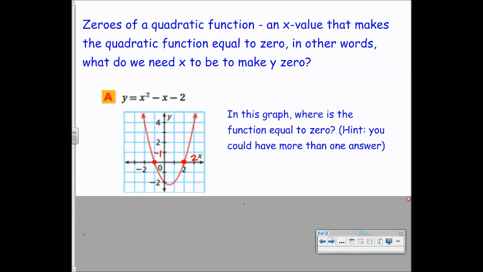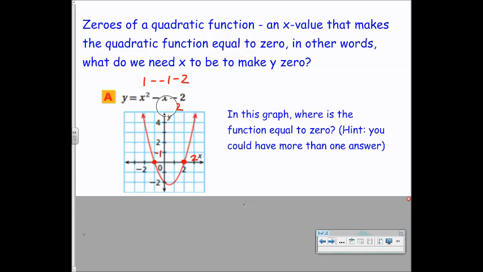Well, what's 2 squared? 4. What's 4 minus 2? 2 minus 2 is 0. And if I plug in -1, what's -1 squared? 1. Minus -1? 2 minus 2, 0. So those are the 2 values that are going to give you 0 in your equation.